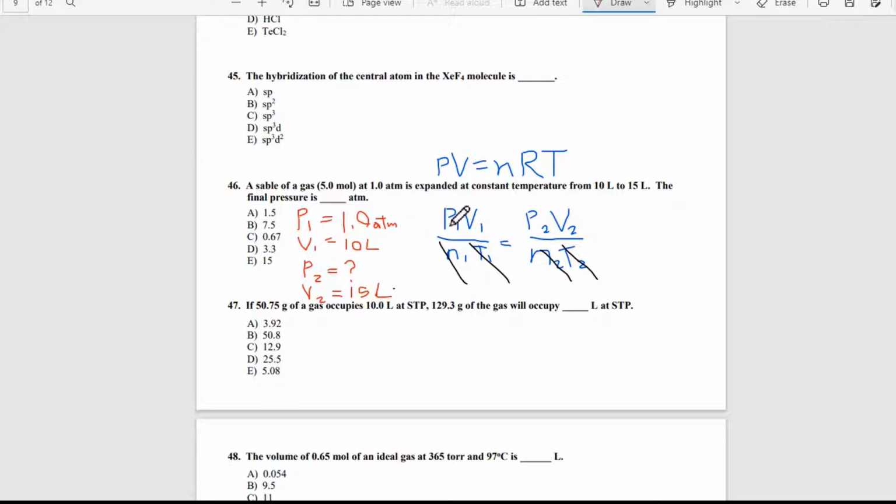So in this case, I go ahead and plug in: 1 times 10 divided by 15. And that's going to give me about 0.67. Essentially, I can erase this bottom part since I don't need it. And then to solve for P2, I'll divide both sides by V2.